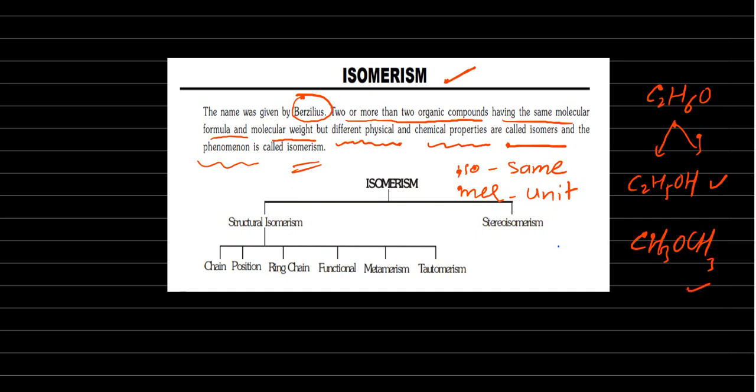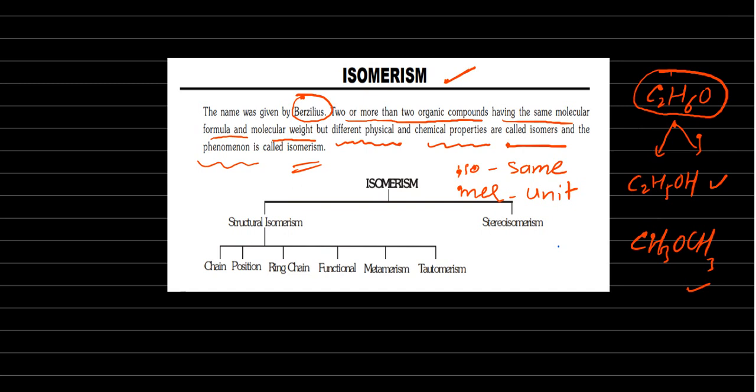So these are isomers. Why do we call them isomers? Because with the same molecular formula C2H6O, the numbers of carbons, hydrogens and oxygens are the same, but the internal arrangement is different. That's why they show completely different properties. So these two are called isomers. Which types of isomers, we will discuss in this topic.